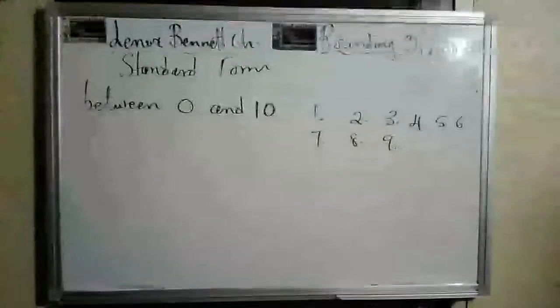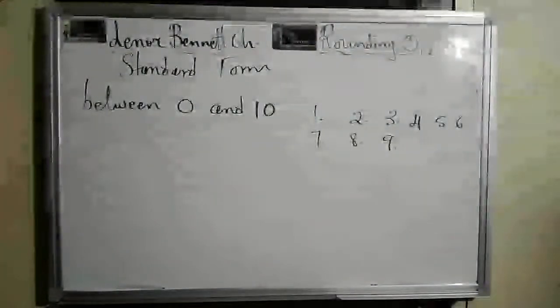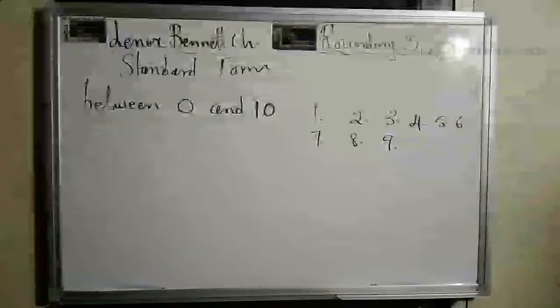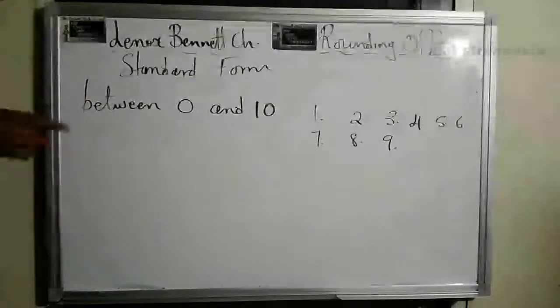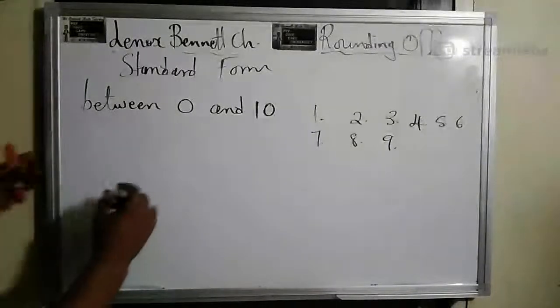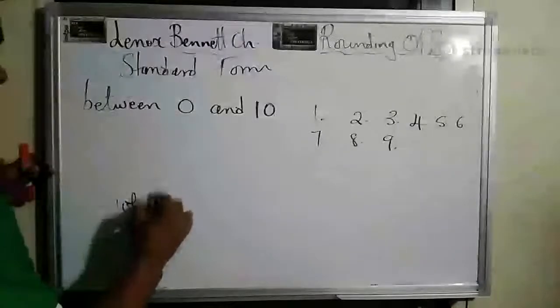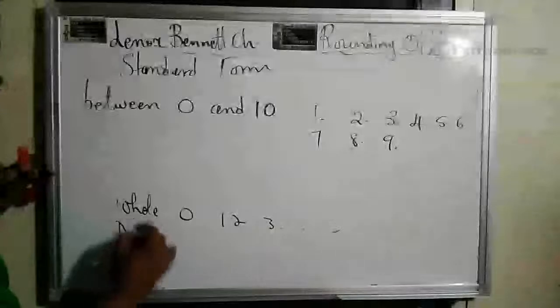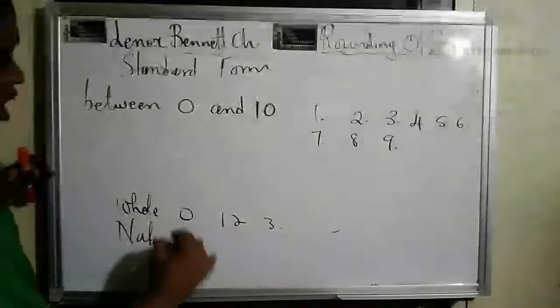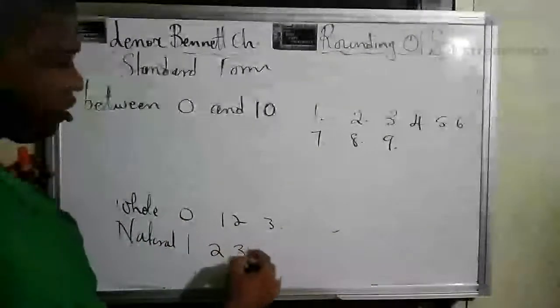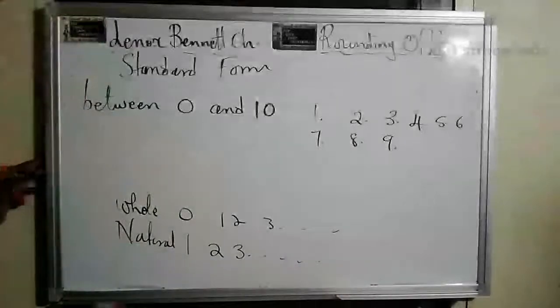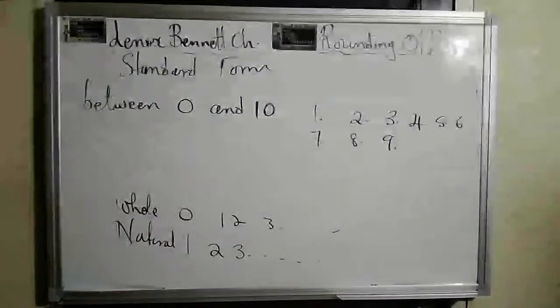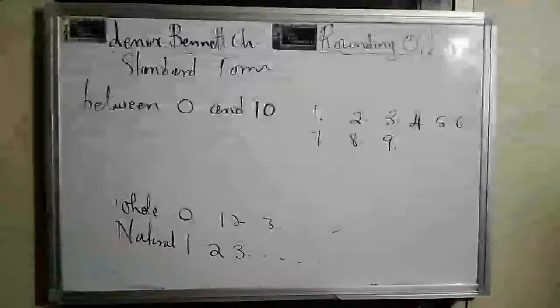I don't know if you guys know the difference between a whole number and a natural number. A whole number starts at 0, so 0, 1, 2, 3 to infinity, while a natural number naturally starts at 1. So you're going to hear me use the word natural number. It simply means we start at 1.